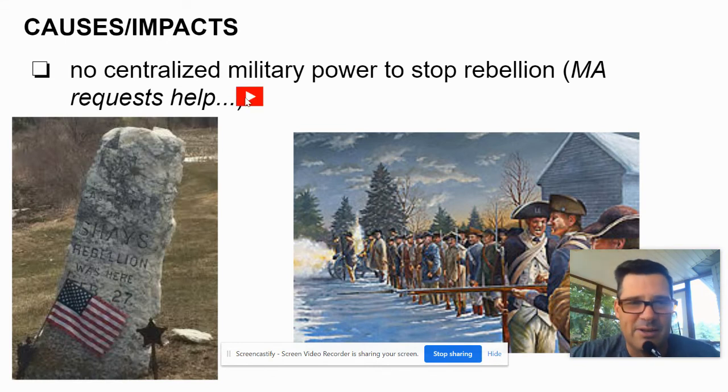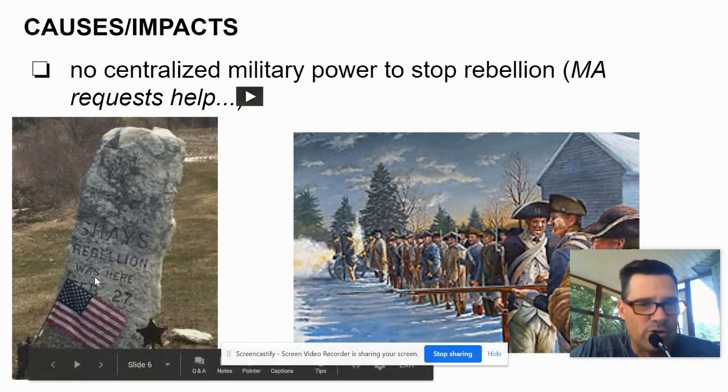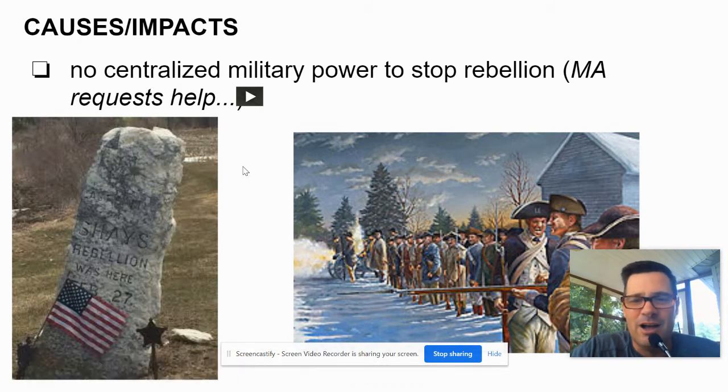I don't know if you could hear that. That was supposed to be crickets. Anyway, that's what they heard. The other states did nothing to help them, and so yeah, that's a problem. By the way, in Western Mass, if you ever go visit, there are these stone markers here on the left-hand side, little places where they mark where Shays Rebellion was on a certain date or whatever. So this is a big deal in Western Mass.